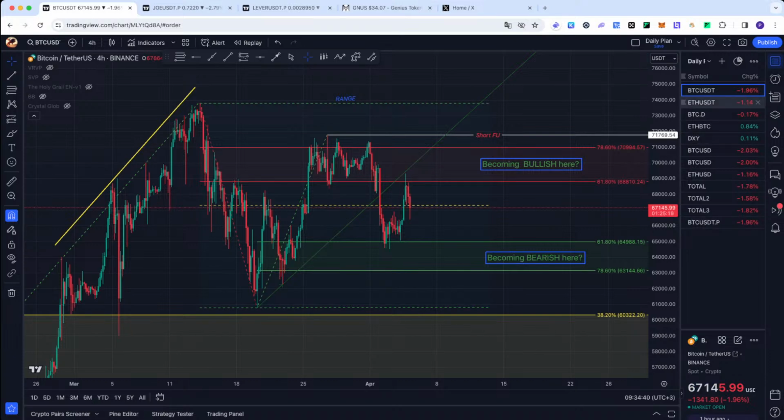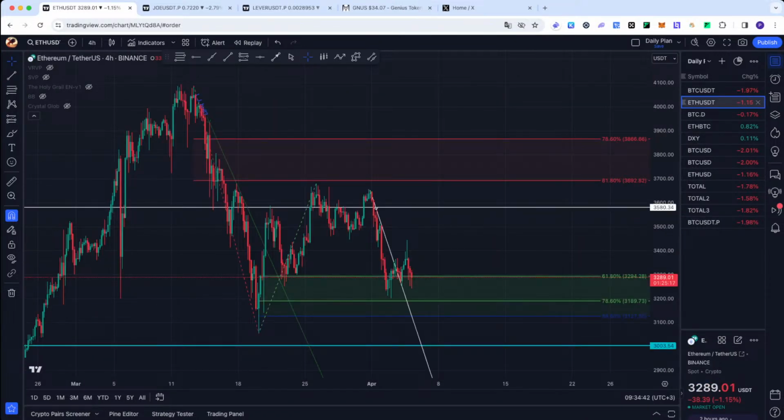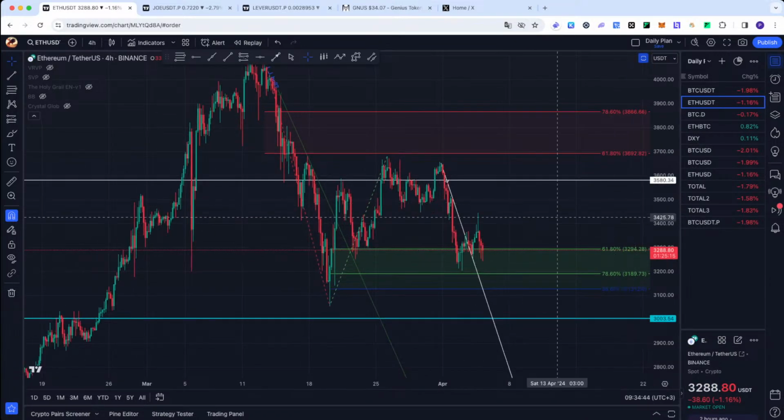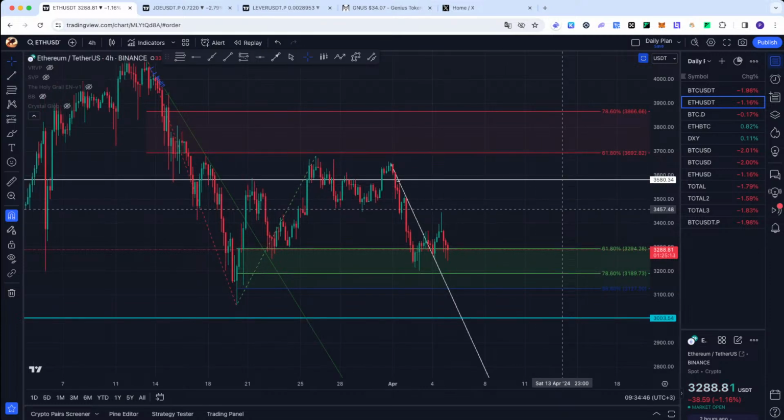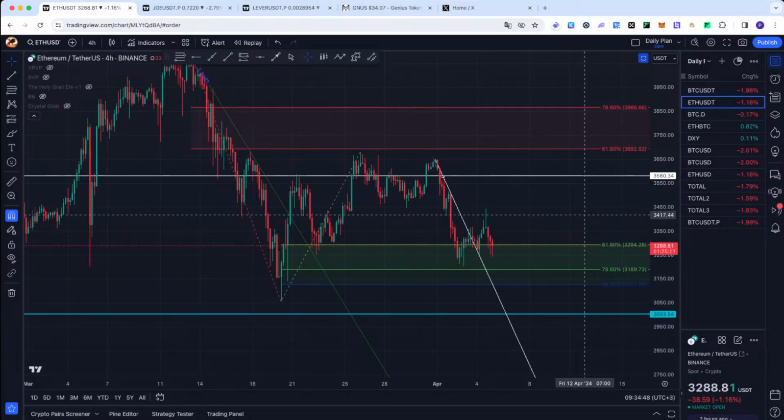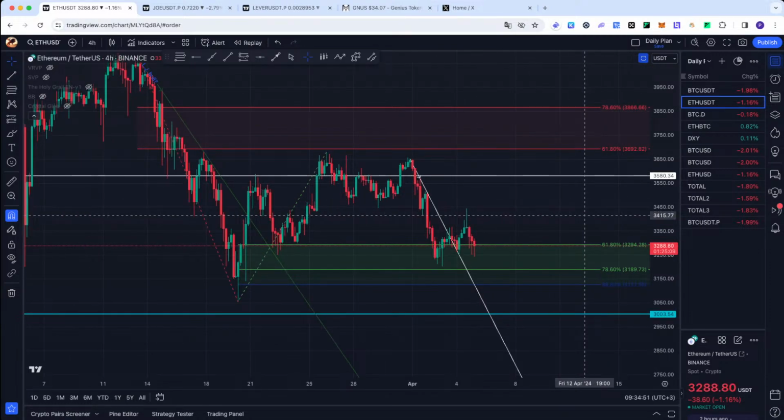Ethereum on 4-hour chart. Let's see, something different? Unfortunately, it's a lot weaker. Not too many things are different here, but it's weaker than Bitcoin. You can see a weak bounce from the 4-hour long reload zone. Kind of a V top here and it's going down. Will it go directly to an AB equals CD target?